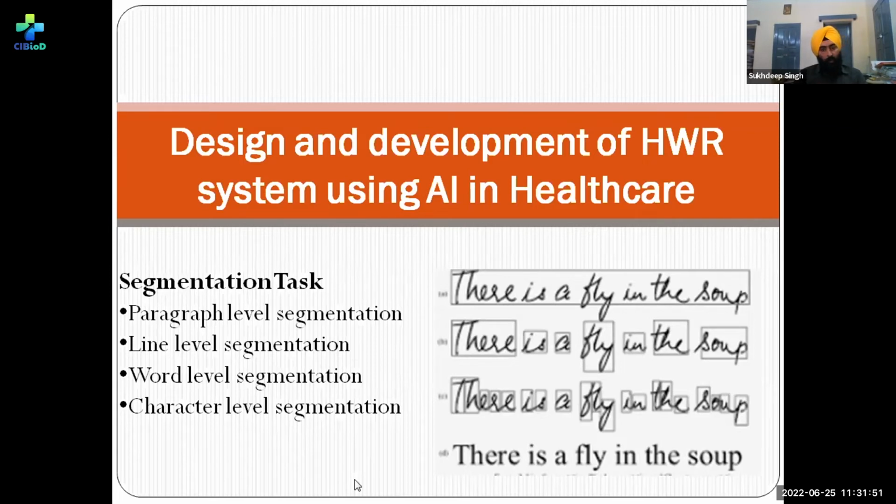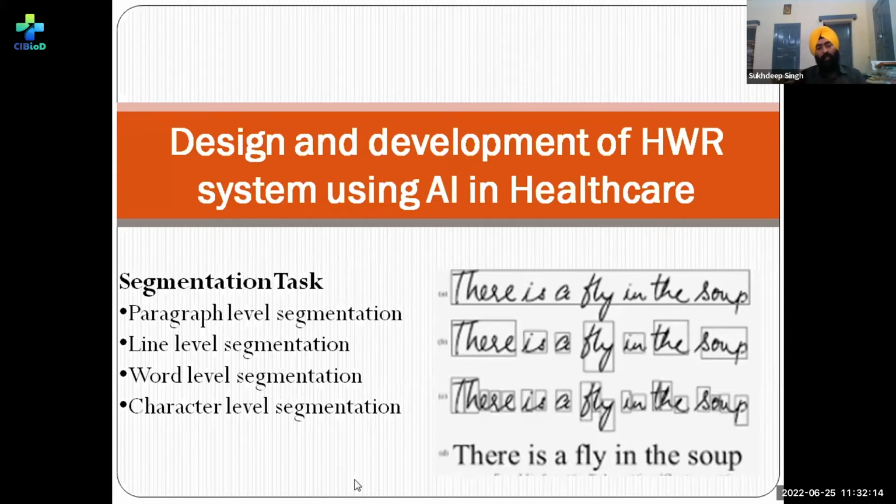But in the case of an HWR system in healthcare, there is very little chance someone will write in paragraph form. So once the OPD cards are scanned or directly written on the digital surface, segmentation will be done at line level, word level, as well as character level.